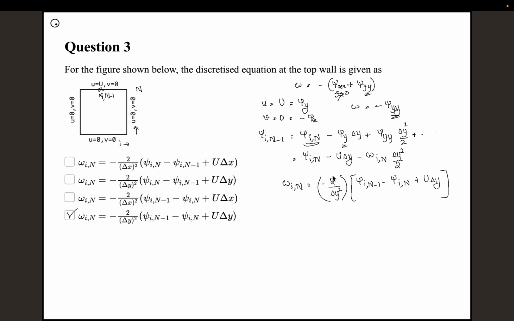I think this is one. So let me ask one more question here. This is with respect to the value of omega. So what is the value of psi i n that I should be using? Like here psi i n is also a boundary, right? So what would be the value of psi n that I should use?